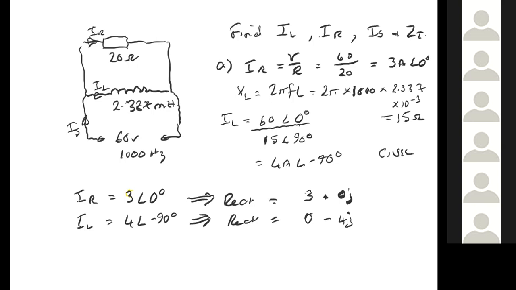Yep, all happy? And therefore IS is equal to those two added together. So that's 3 minus 4j. And then we convert 3 minus 4j back to polar form for our final answer.